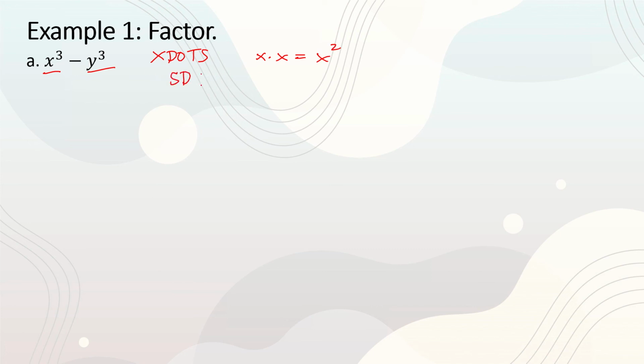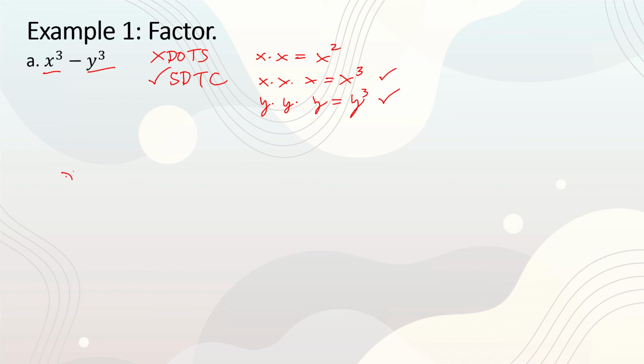Perhaps we proceed to SDTC to verify whether it's a perfect cube. So x cubed is a perfect cube because x times x times x is x cubed. How about the second term? That's y times y times y, so it's also a perfect cube. In other words, you can use SDTC here.